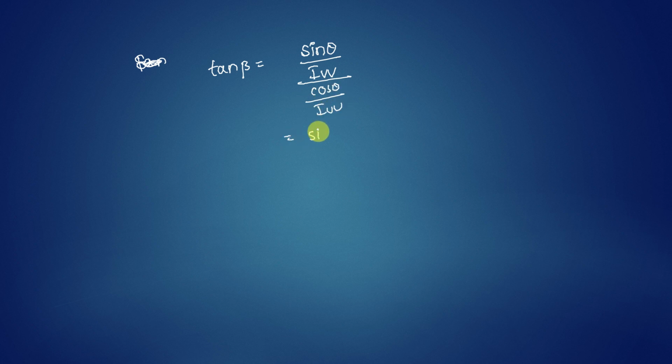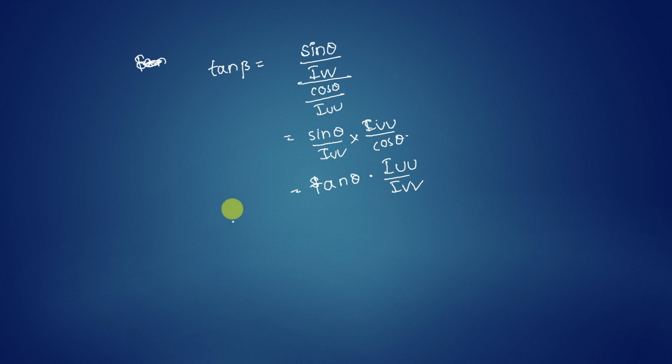So let me put it in this manner, sine theta by I_vv into I_vv by I_uu by cos theta. So this will be sine theta by cos theta, which is tan theta, and this will be I_uu by I_vv.